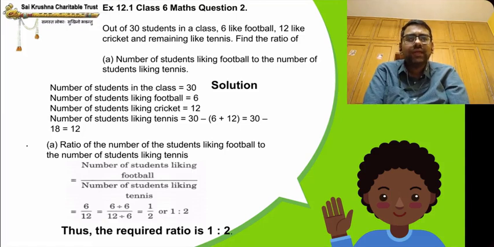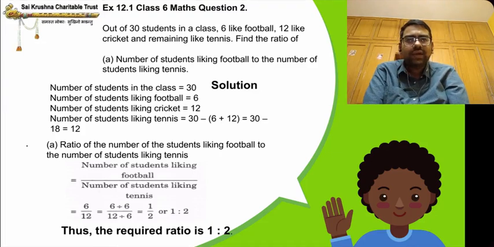Number of students in the class is 30. Number liking football is 6, number liking cricket is 12. Number liking tennis is 30 minus the number liking football and cricket put together, 6 plus 12, which is 18. So the number liking tennis is 30 minus 18, equal to 12.